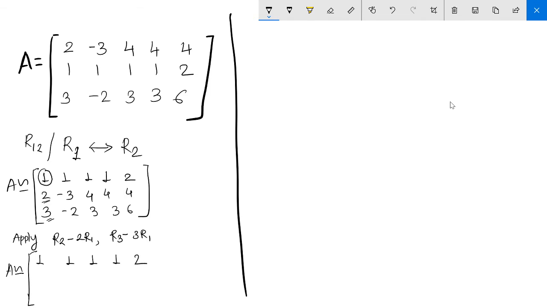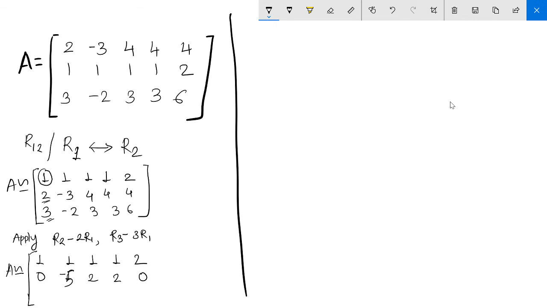Then multiply this by 2 and subtract it from the second row: 2 minus 2 is 0, then -5, then 2, 2, 0.